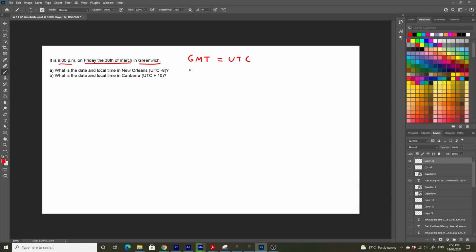They have a time zone of UTC -8, which means they're 8 hours behind UTC time. So how do we figure that out? If it's 9 p.m. here, they're in Greenwich, they're 8 hours behind.